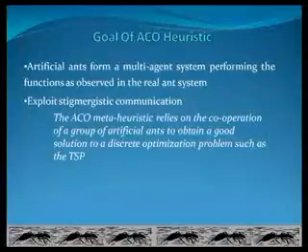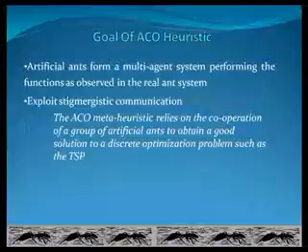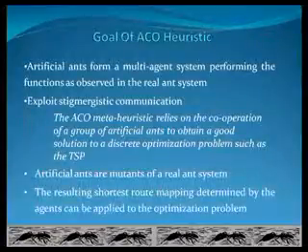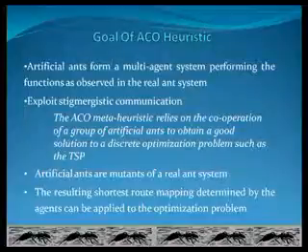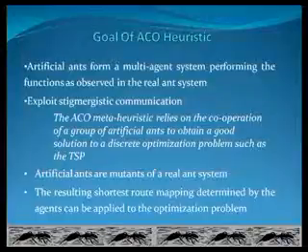The ant colony optimization meta-heuristic relies on the cooperation of a group of artificial ants to obtain a good solution to a discrete optimization problem such as the traveling salesman problem. Artificial ants are mutants of a real ant system. The resulting shortest route mapping determined by the agents can be applied to the optimization problem.